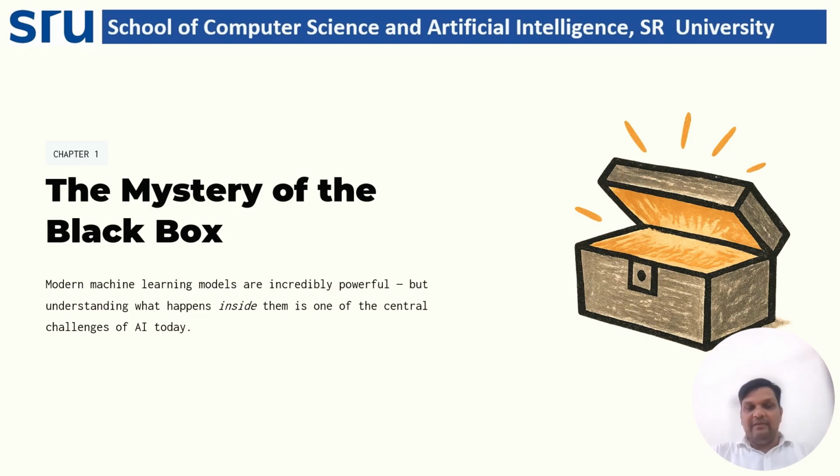In other words, modern machine learning models are powerful, but they often behave like a black box. We give them data, they give us predictions. But what happens in between, that mystery we aim to solve.